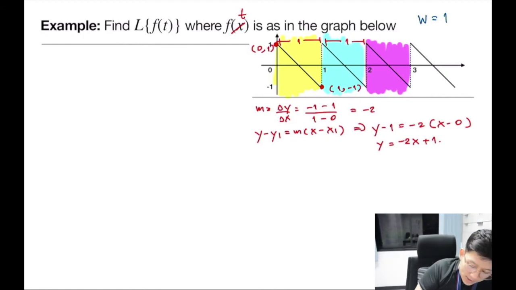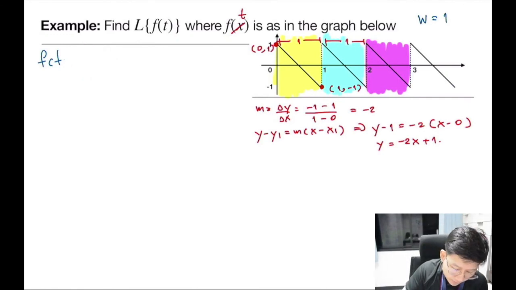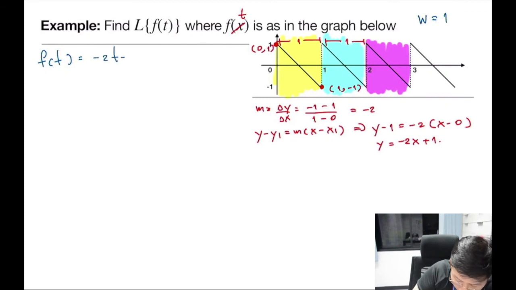Okay, so right now we can define f(t) as minus 2x plus 1. No, I don't need x, I'm going to have minus 2t plus 1.